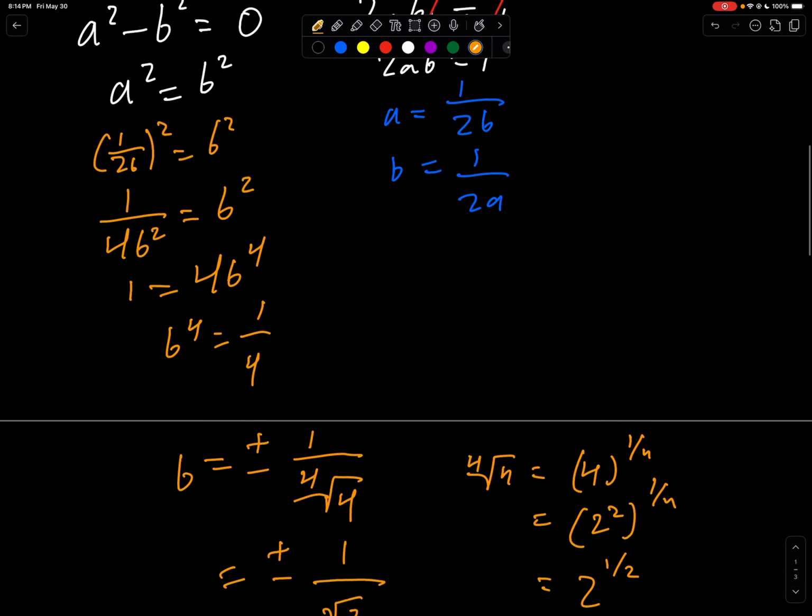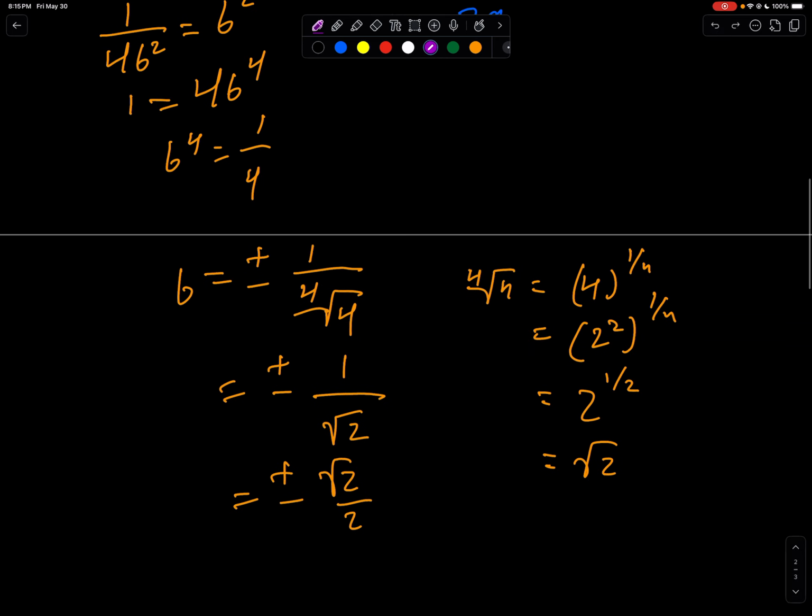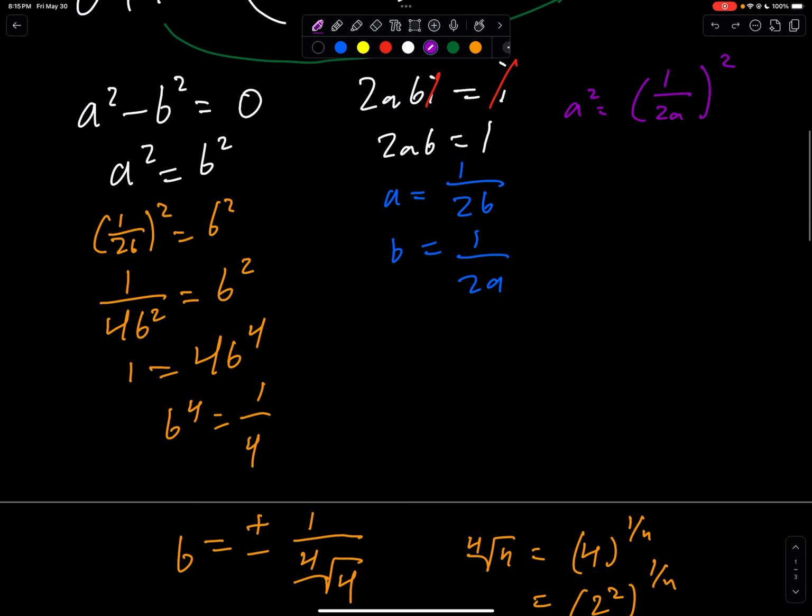Okay, and then now for our a, we want to solve for a, so we can plug in this. So then we'll have a squared equals 1 over 2a squared. And hopefully you realize here that we're just getting this same equation here, right? And so if we got b equals plus or minus root 2 over 2, a should also equal that, because this equation is in the exact same form as the other one with the b.